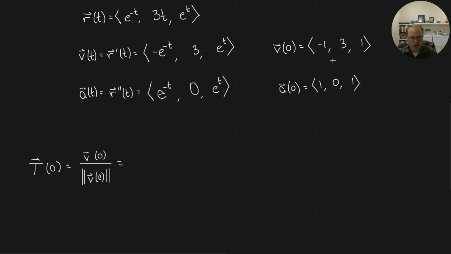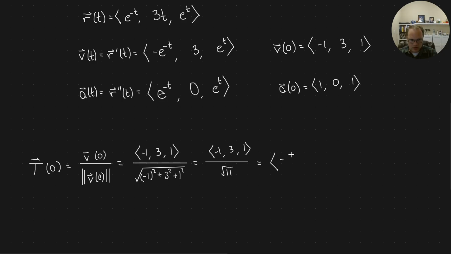My velocity vector at 0 is negative 1, 3, 1. I divide by the norm of the velocity: negative 1 squared plus 3 squared plus 1 squared. And so I get negative 1, 3, 1 divided by, and what do I get? 1 plus 9 plus 1, that's 11, so root 11.